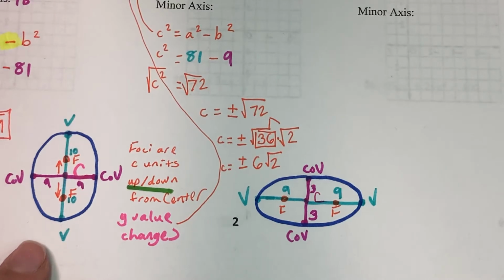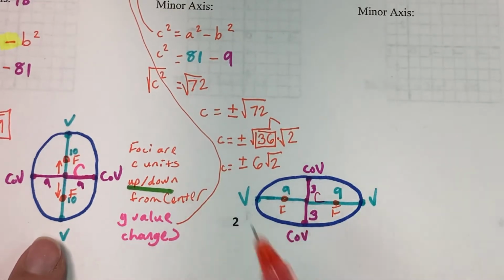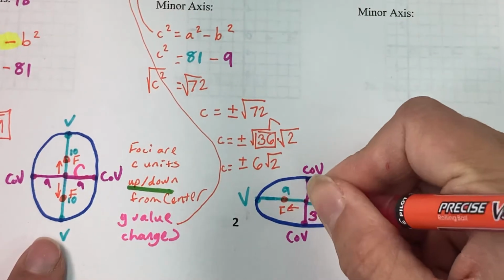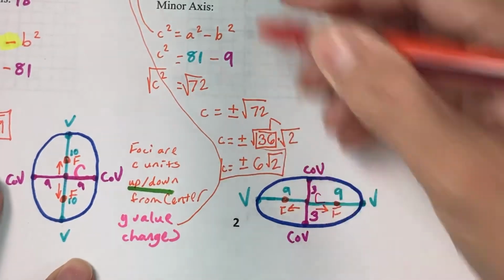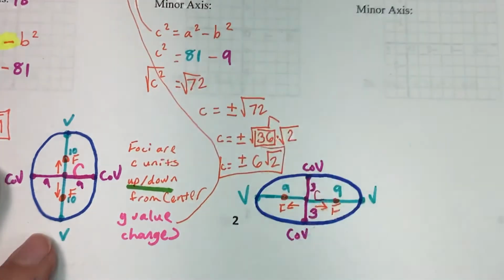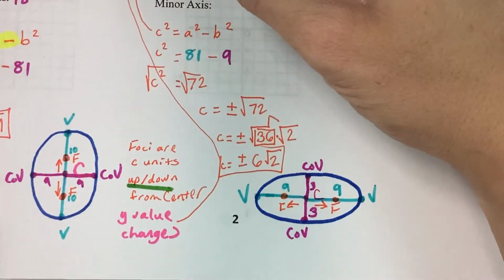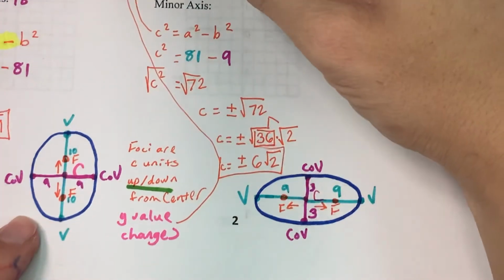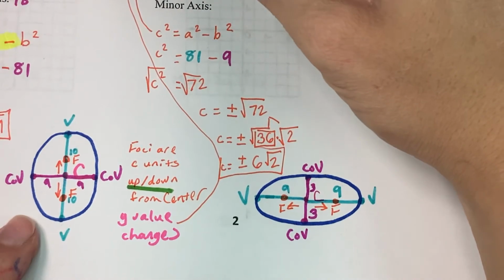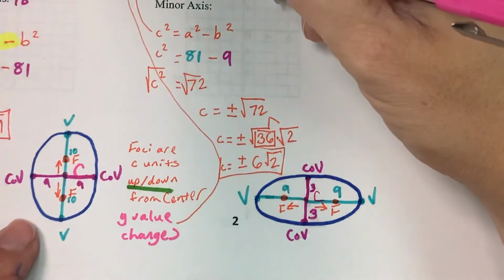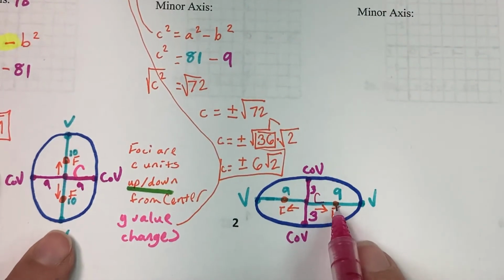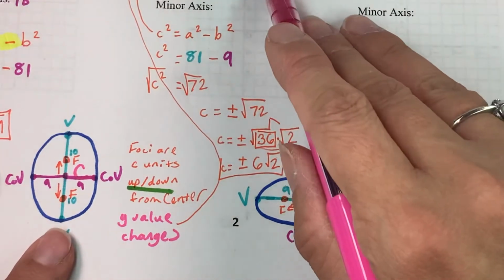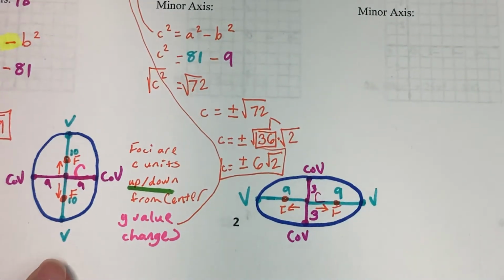So what this means is we are going to move left and right of the center by adding and subtracting that C value from the X part of our center. So my foci would be at -1 plus or minus 6 rad 2. And then that Y value of 4 would stay the same. Again, the foci, the center, and the other foci are all in line with each other, so that's why they all have the same Y value.